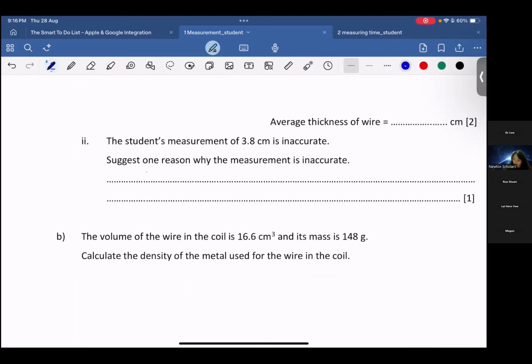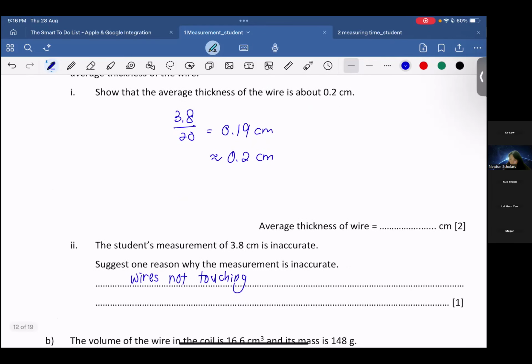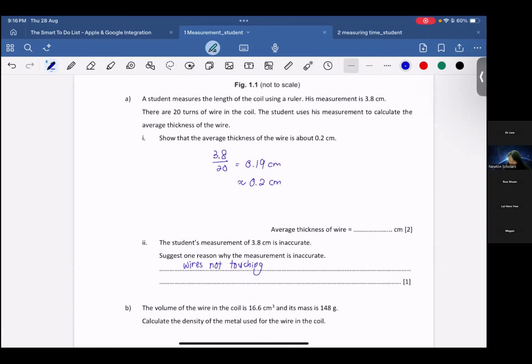So we can say that there is a gap in some part of the coil. The answer scheme says wire not touching, that means a gap. There is a gap in certain parts. The answer scheme also says wire stretched in certain parts. They also accept the answer that the ruler is not at zero, but how do we know?